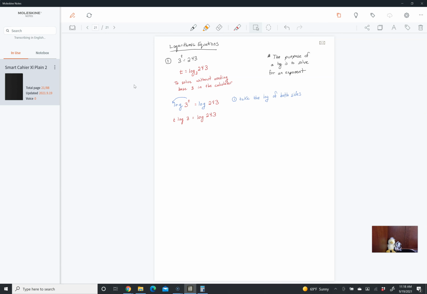So notice what we did here. We can't solve when there's an exponent unless we use logs, because what logs will do is take the variable out of the exponent. That's the whole purpose. So we're going to apply the power property. That's what we did here.